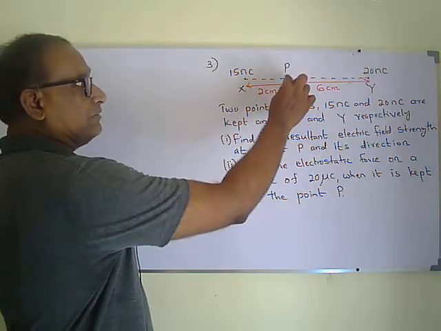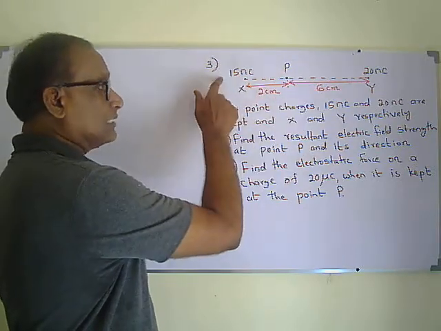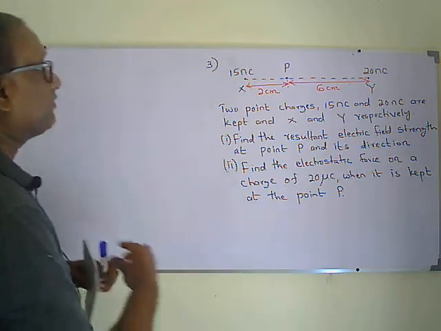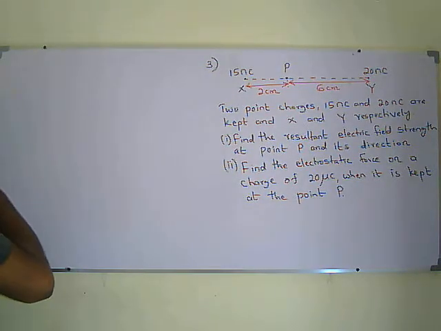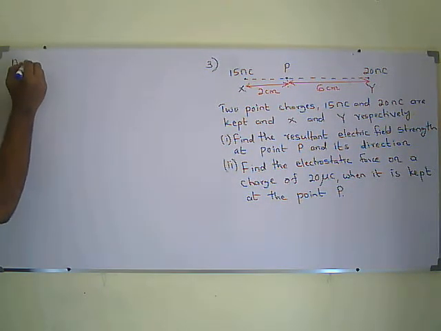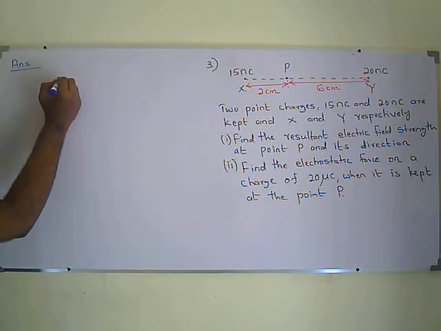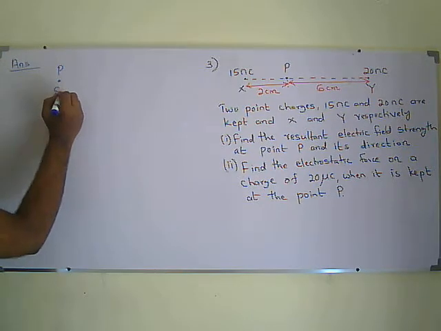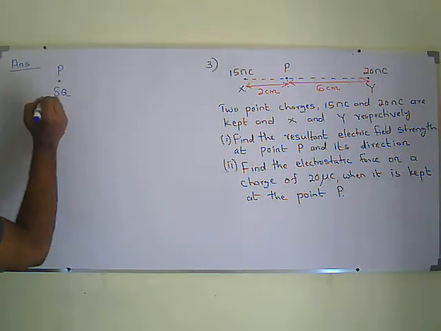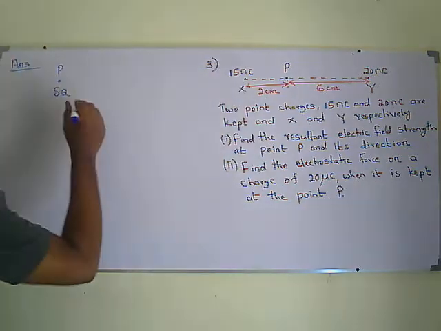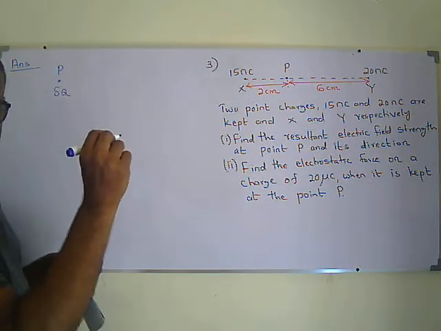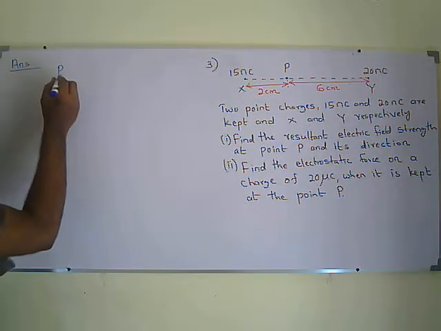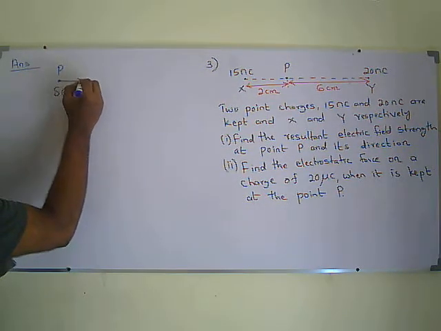If I keep a positive test charge, this will repel because this is also positive. At the same time, this also will repel. So if I draw the point P alone, this is the answer, right? In the answer, I can say consider point P. If I keep a positive test charge at that point, what will happen? The 15 nanocoulomb will repel it. So the electric field strength at point P due to 15 nanocoulomb, if I say E1, will be in this direction.